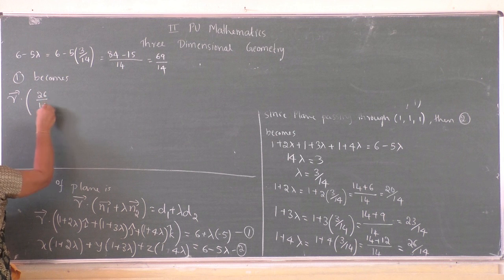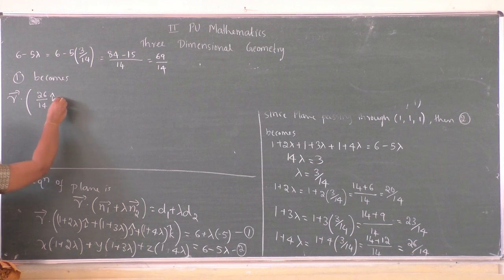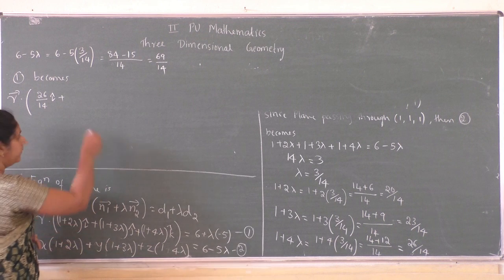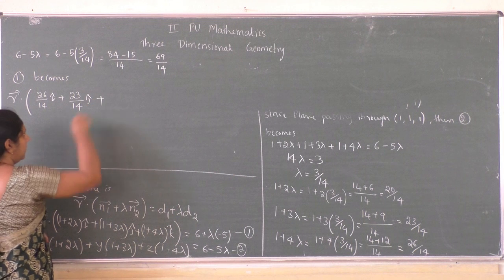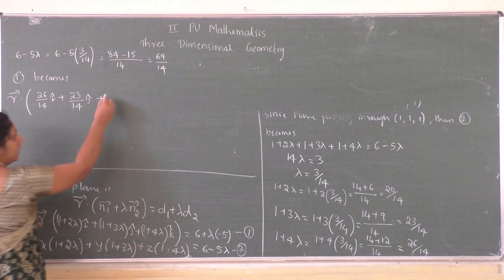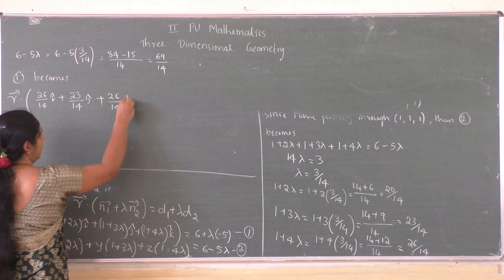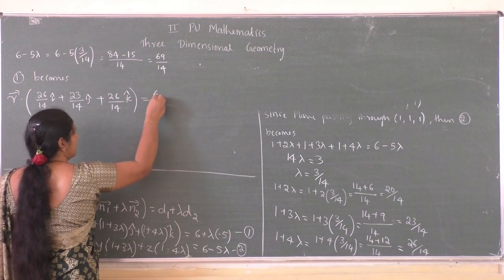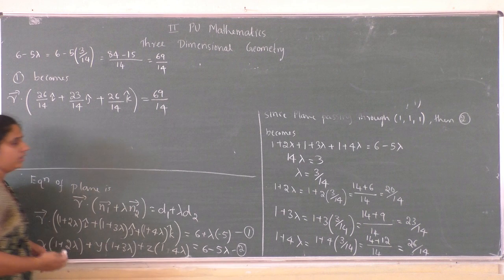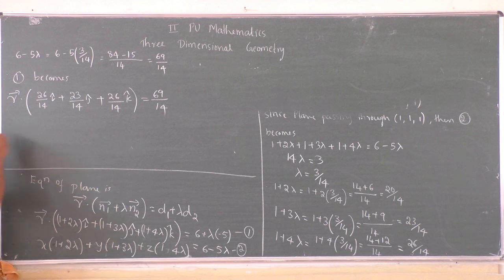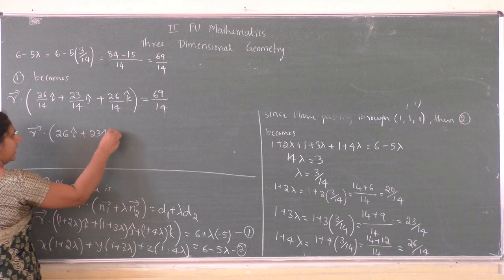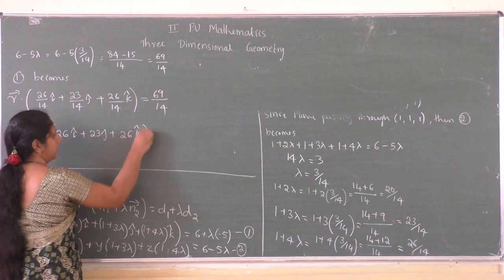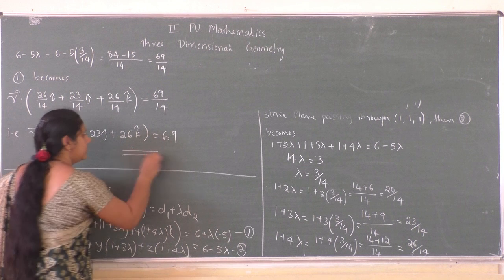It is 20 by 14 i cap plus 1 plus 3 lambda is 23 by 14 j cap plus 1 plus 4 lambda is 26 by 14 k cap, which is equal to 69 by 14, or you can cancel 14, and the equation is of the form r vector dot 20i cap plus 23j cap plus 26k cap is equal to 69.